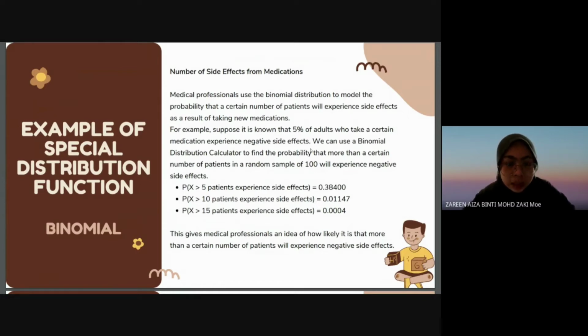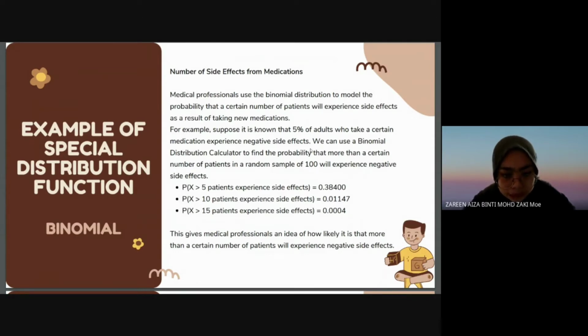For example, suppose it is known that 5% of adults who take a certain medication experience negative side effects. We can use a binomial distribution calculator to find the probability that more than a certain number of patients in a random sample of 100 will experience negative side effects.